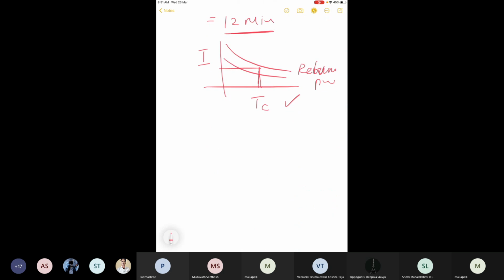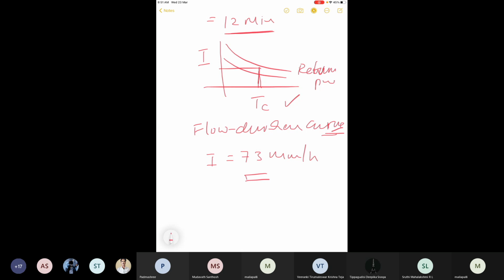So in this case, using the intensity duration curve, you get a rainfall intensity of 73 mm per hour. So now I is known.